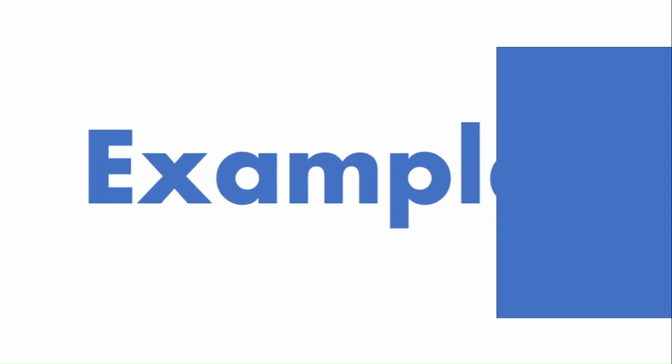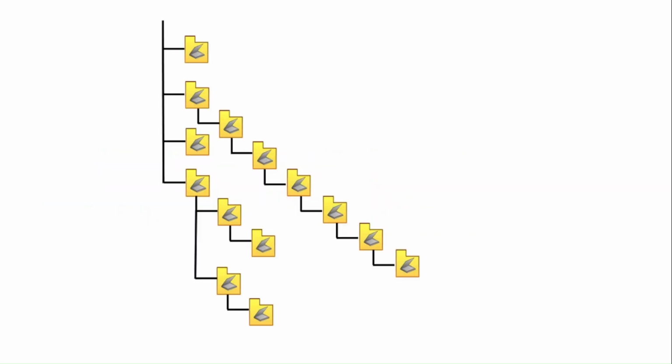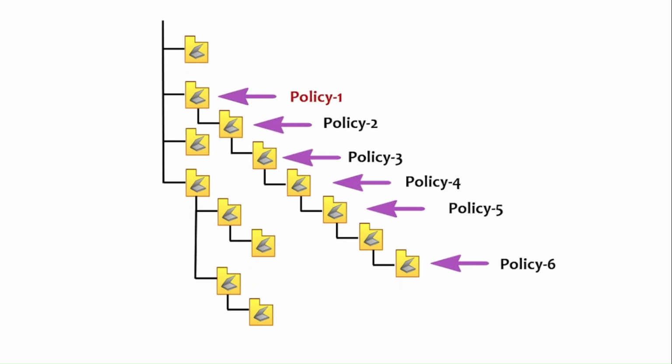Let's take a real-life example in our Active Directory of how things work. This is a typical OU structure in our Active Directory, and let's say there are 6 policies linked at different levels: policy 1, 2, 3, 4, 5, 6, and policy 1 is enforced, so it's not default, it is enforced.